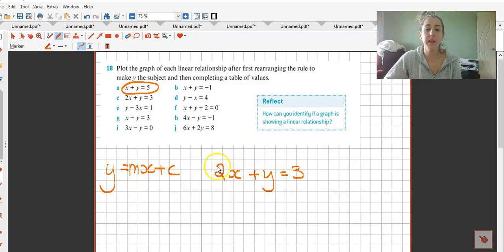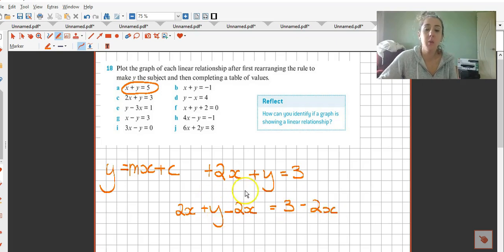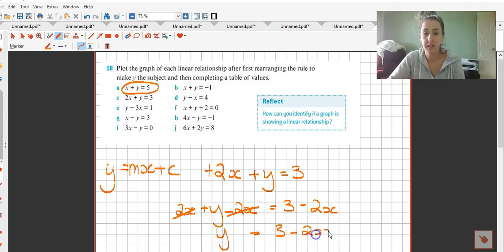We know that this is a positive 2x, so to get rid of it from this side, we need to go 2x plus y minus 2x equals 3 minus 2x. Because whatever we do to this side, we need to do to this side, so we take 2x from this side, and we take 2x from this side. Those cancel themselves out, and we're left with y is equal to 3 minus 2x.